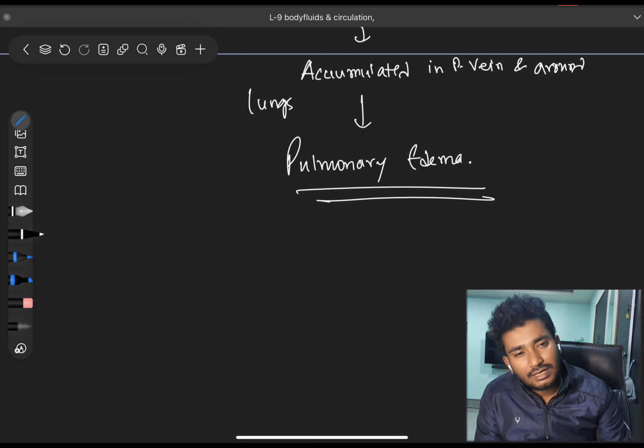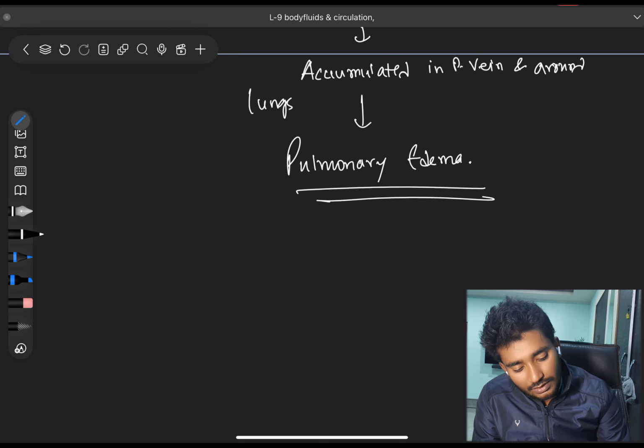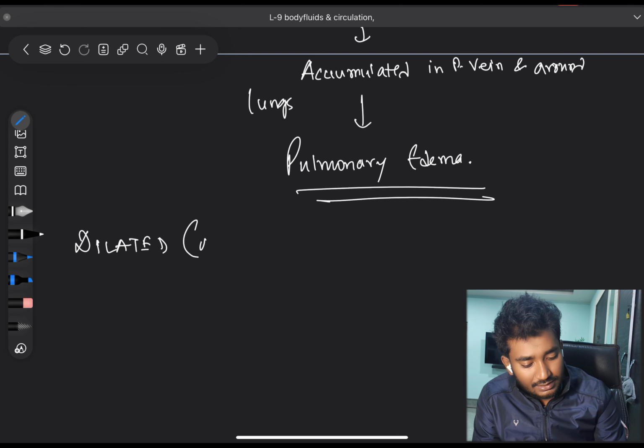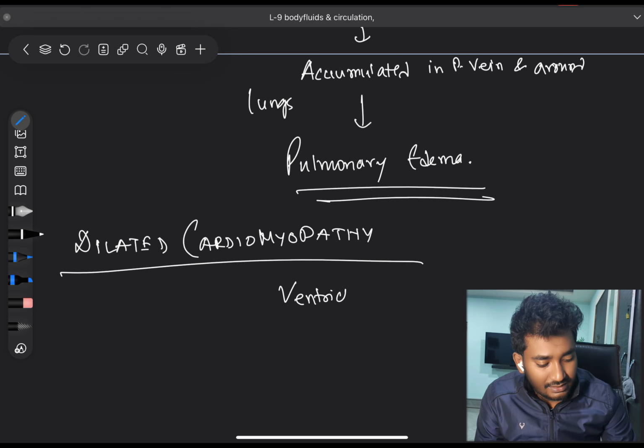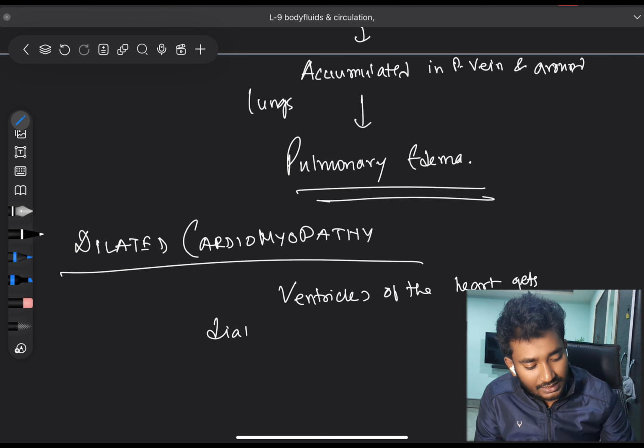Okay, so there is another thing. In this case, we generally require heart transplantation, that is, in dilated cardiomyopathy, in which the ventricles of the heart get dilated.